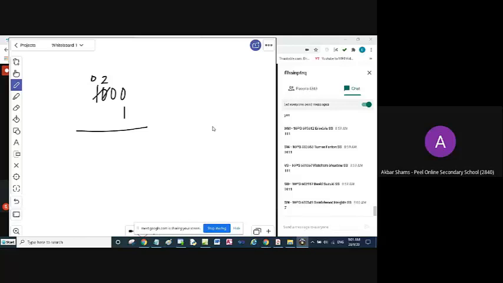Again, I cannot subtract 1 from 0, so I go to the left. 0, I can't, so I go to the left one. I borrow 1 from this guy, and this becomes 2. Again, I cannot subtract 1 from 0, so I go to the left one, and this becomes 1, and this becomes 2. Now I can subtract 1 from 2, so this becomes 1.